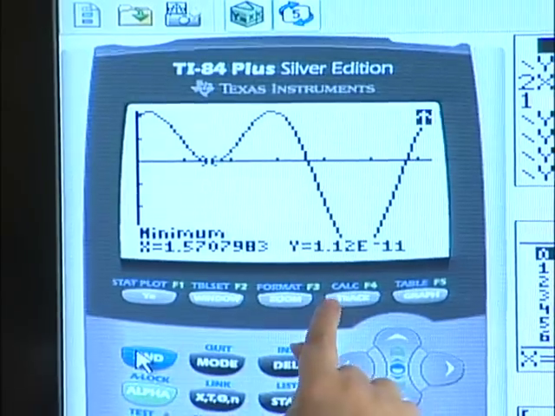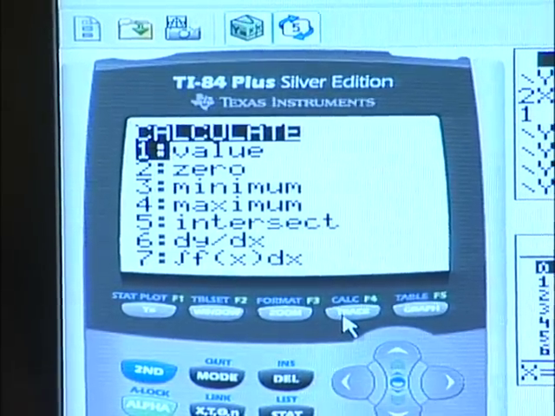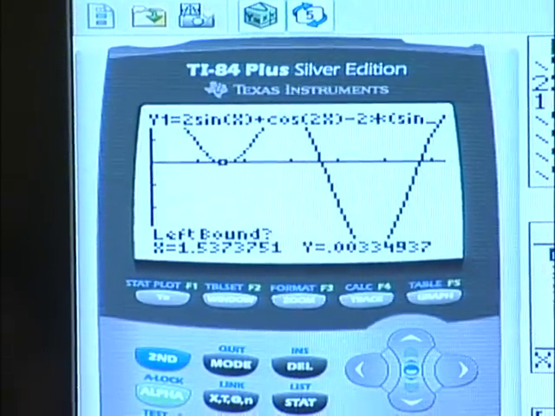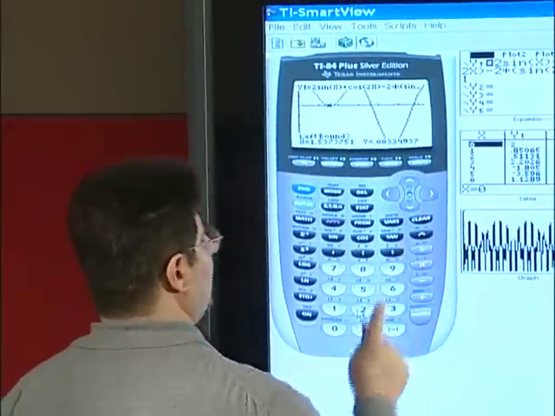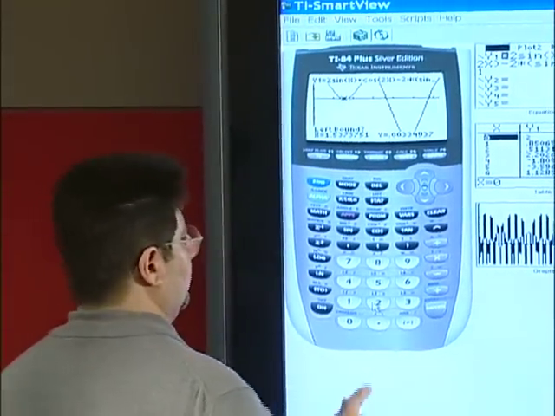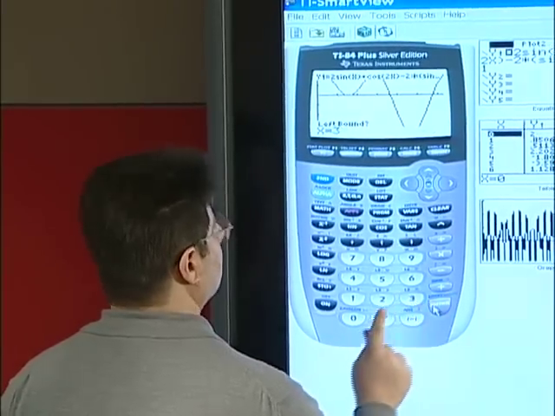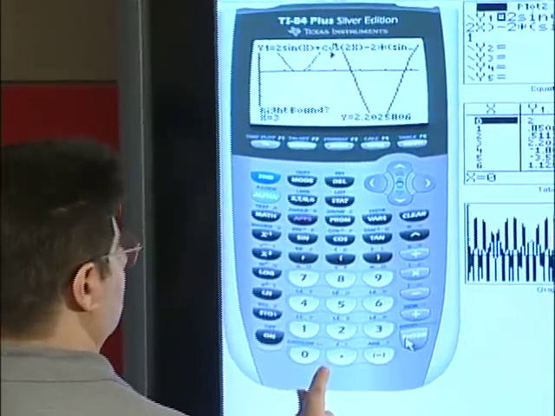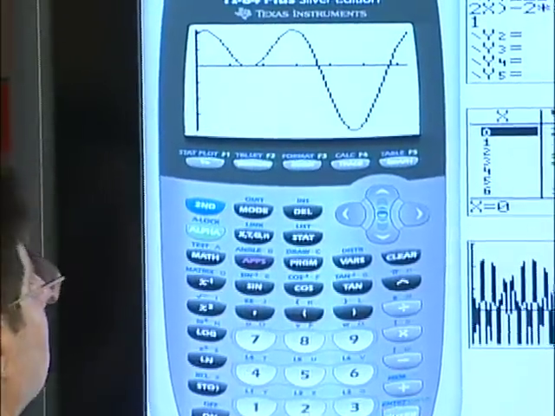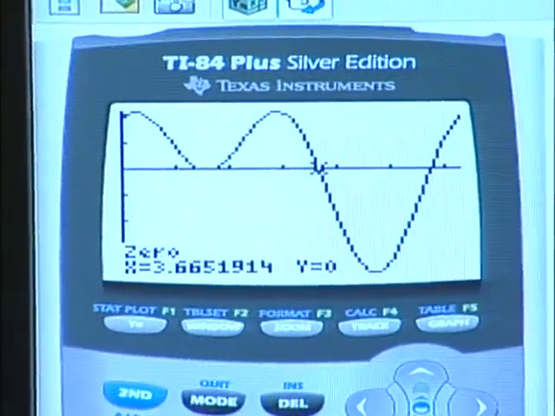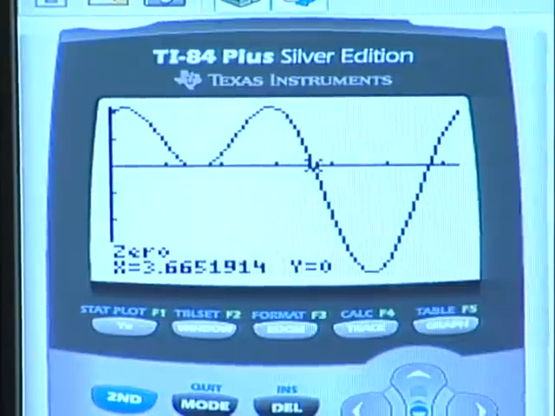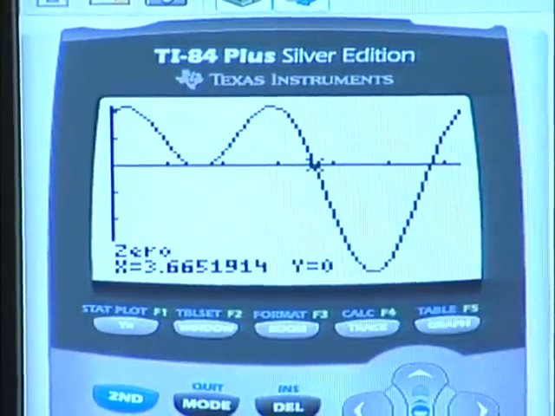We will find the second and third x-intercepts using calculate 0. The second 0 is 3.67.